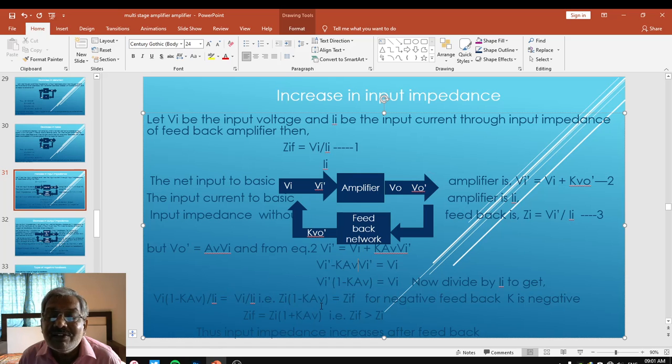Zi into bracket 1 minus K Av is equal to ZIF, that is Vi upon Ii. Therefore, we can write ZIF is equal to Zi into bracket 1 plus K Av, considering that for negative feedback K is negative. This equation indicates that the input impedance after feedback is greater than the input impedance before feedback. Thus, there is an increase in input impedance when negative feedback is applied.